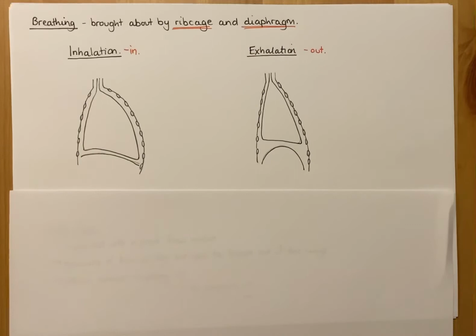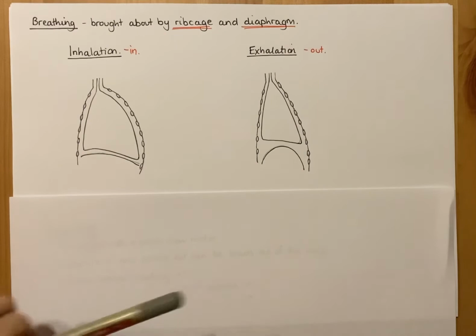Now if you stop for a minute and just put your hands onto your chest and you breathe in, take a big deep breath in. When you breathe in, your whole rib cage pushes out and it lifts up. And that's because your rib cage is getting bigger to pull air into your lungs.